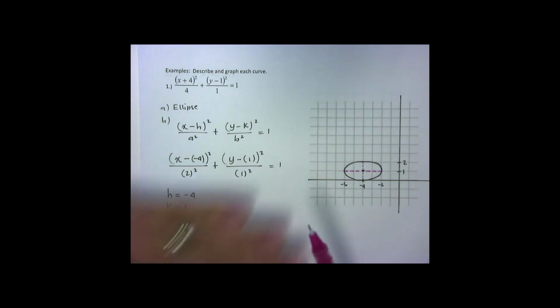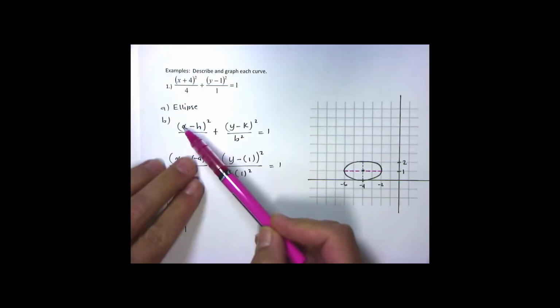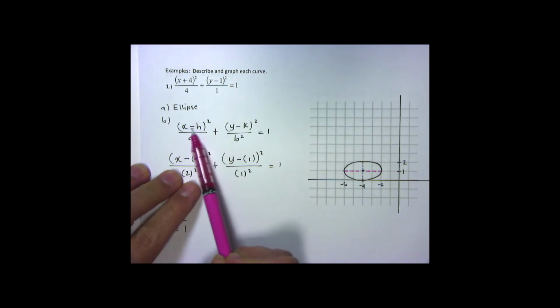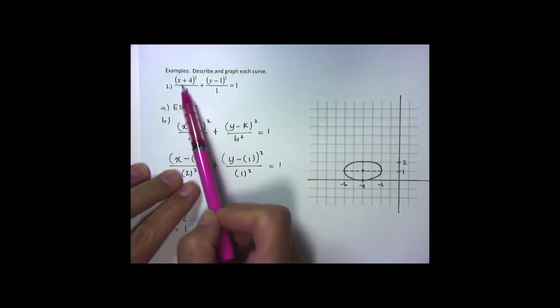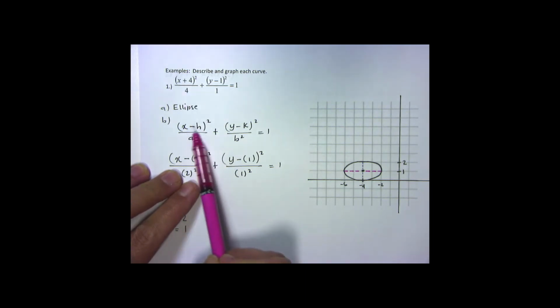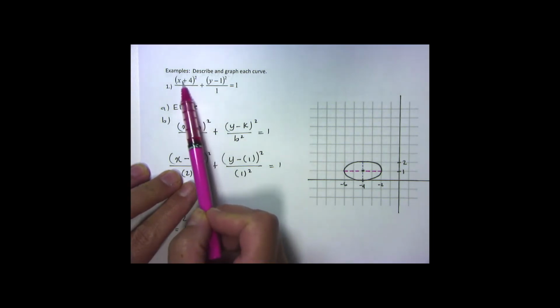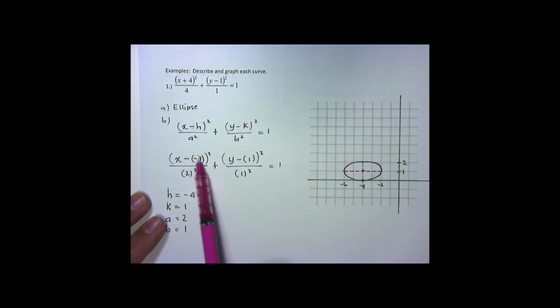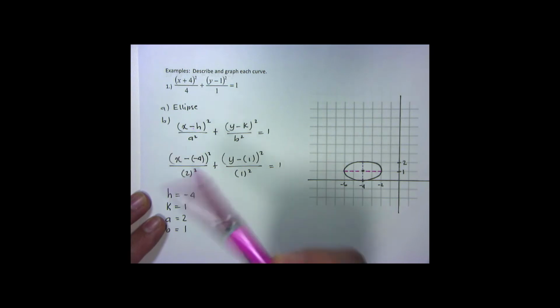Yeah. So this is the standard form, right? I would like my equation to be given as x minus some quantity. This is standard form. I need to have this negative in here, but my original problem has a plus. So the first thing that I want to do is write it in standard form. How can I get that negative in there? I can write it as minus negative 4.